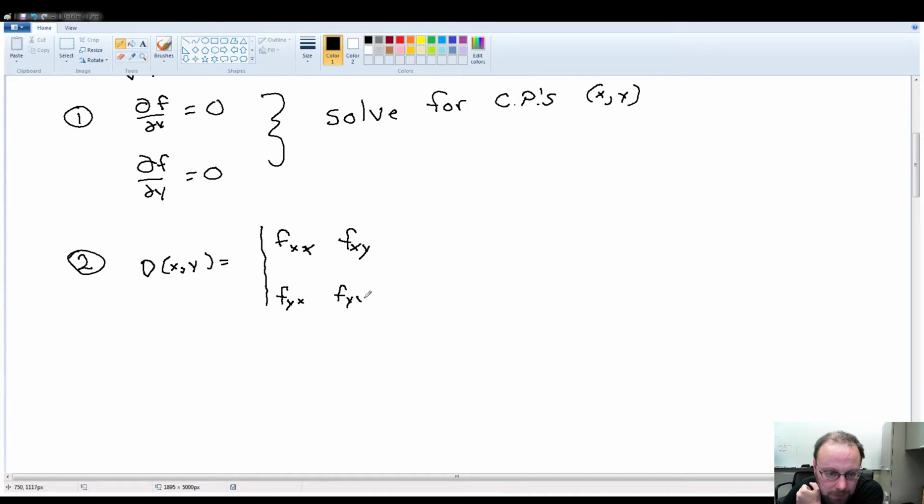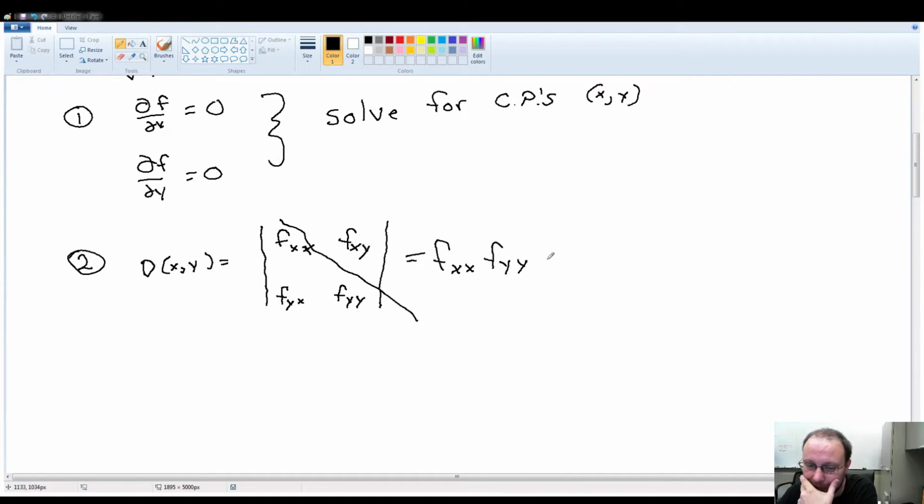And I don't anticipate anything else in your class. But it's this matrix of second order derivatives, its determinant, D, is in your book given by this formula, fxx times fyy minus fxy. And since those mixed partials are going to be equal, that's essentially fxy squared.